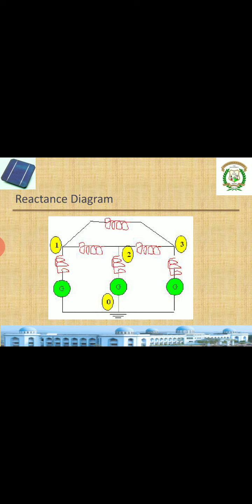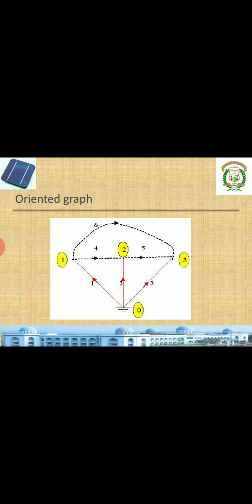These dots are connected with the reactances of each element. And once again, as I told you in the previous slide, 3 generators are connected, and the other end is connected to ground. You can see the difference clearly here. All 3 generators are connected to the ground, shown by 0 encircled, and the remaining lines are shown with their reactances.